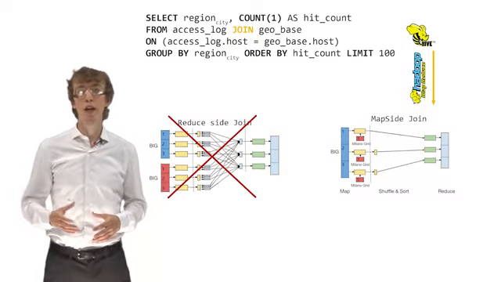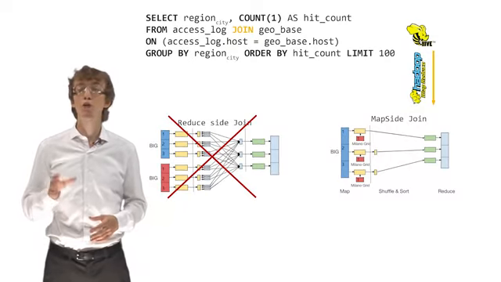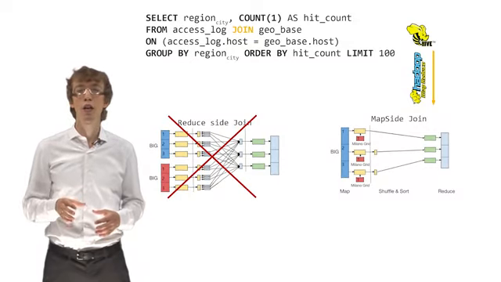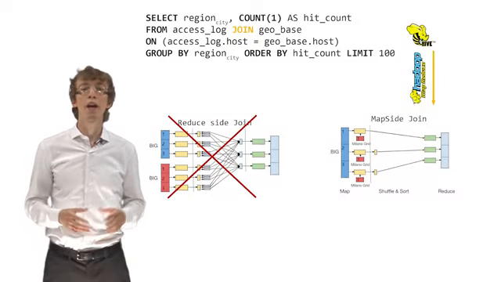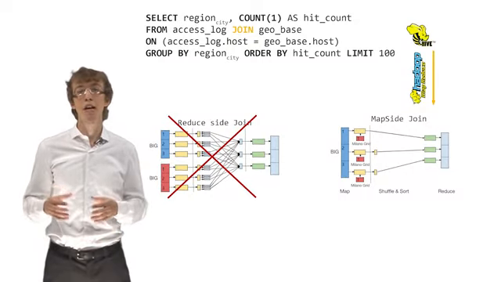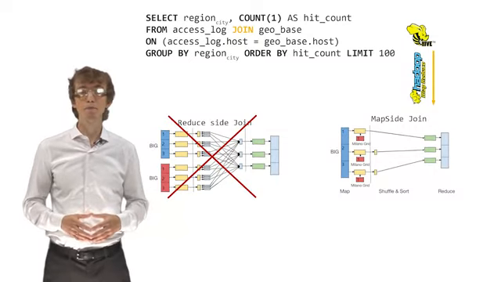If you have a small table according to Hive session definition, then Hive automatically tries to convert any found reduce side joins into optimized ones. Small is defined by Hive configuration parameters, such as row numbers and size in bytes.